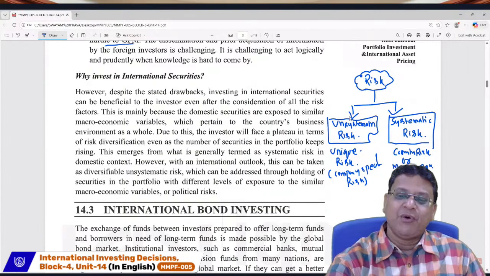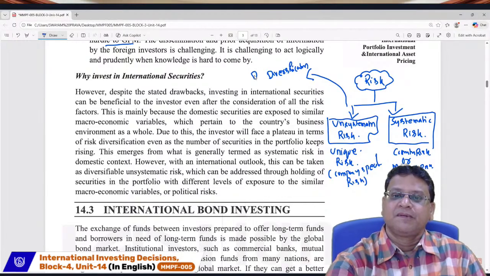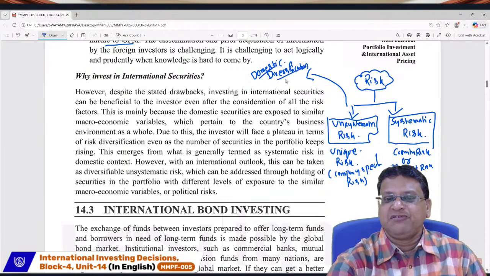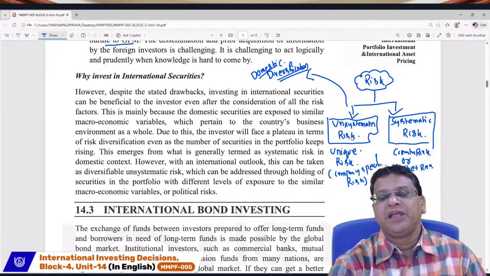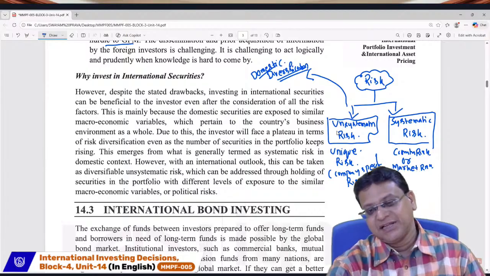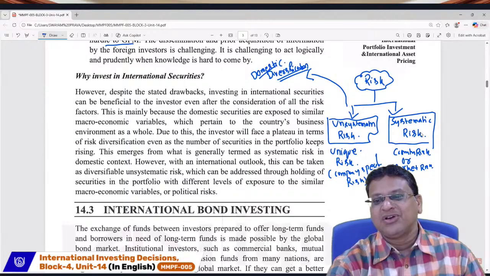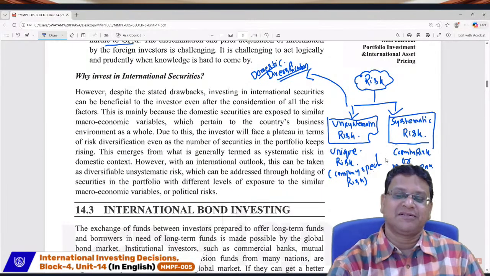We know that unsystematic risk can be reduced through diversification. If you diversify through domestic diversification, that means if you invest in many companies of a particular country in different sectors, the unsystematic risk can be minimized. But through domestic diversification, you cannot reduce systematic risk.